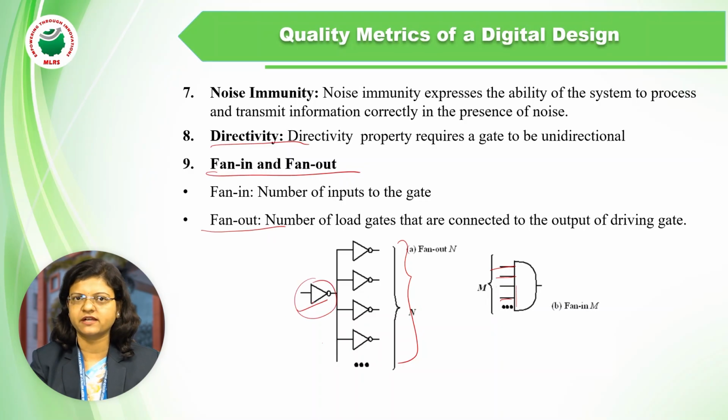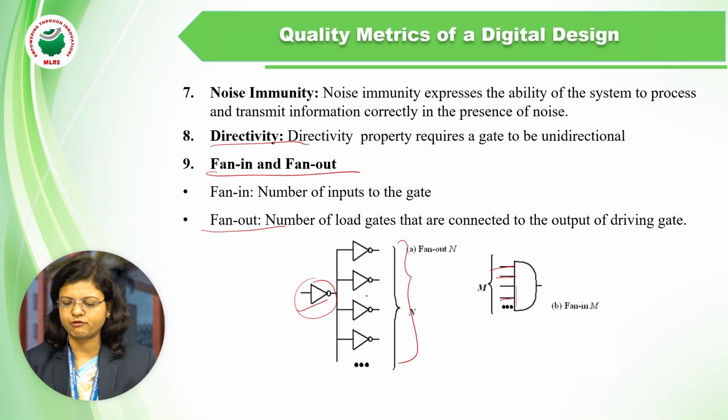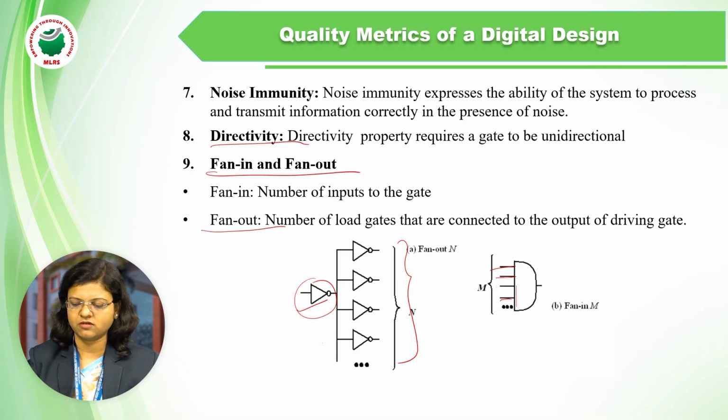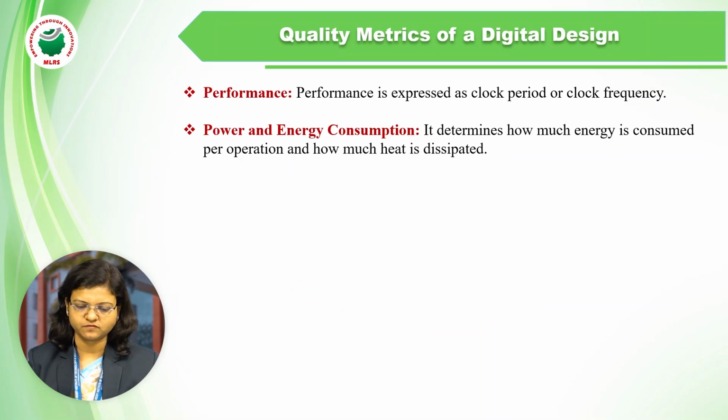This gate is the driving gate, and some load gates are connected to it. So fan-in means the number of inputs to the gate, and fan-out means the number of load gates connected to the output of the driving gate. This is also an important parameter which indicates functionality.